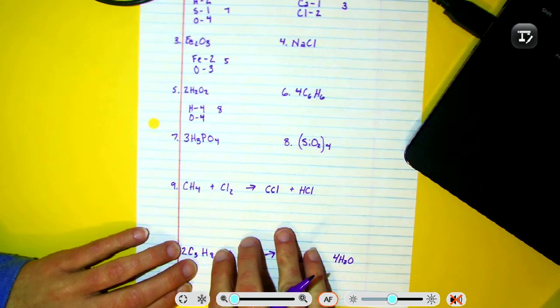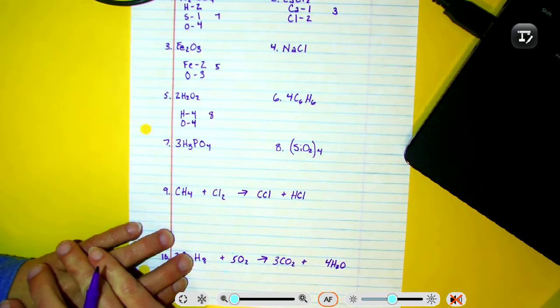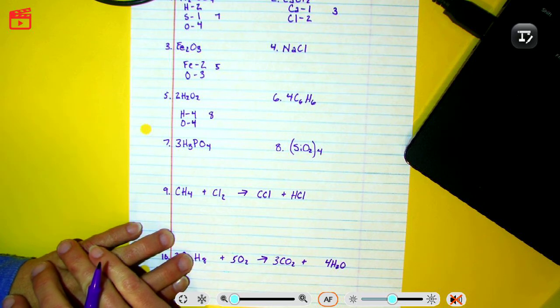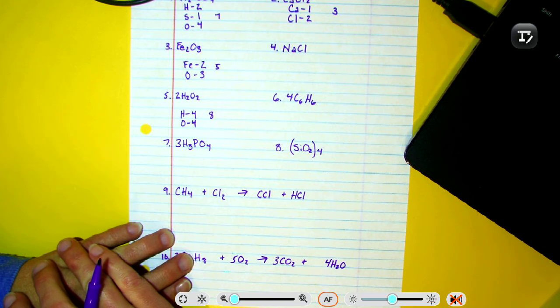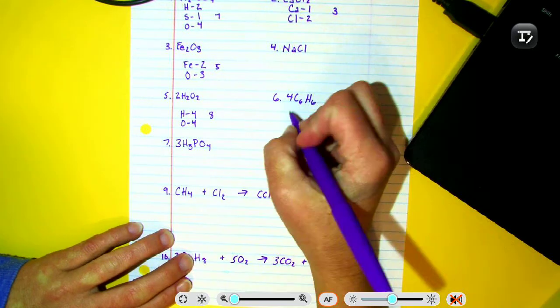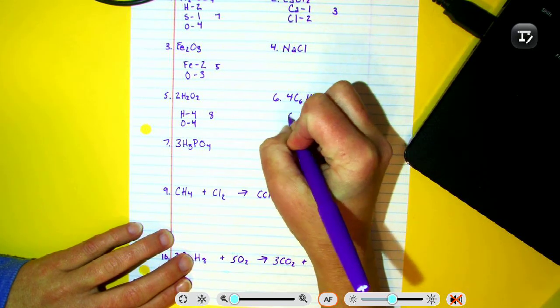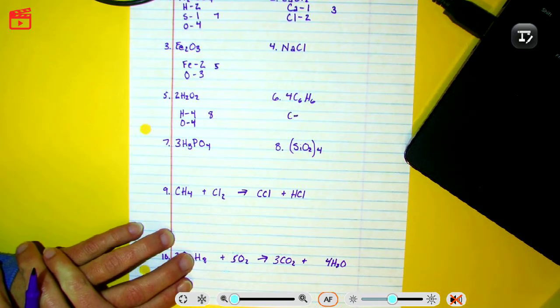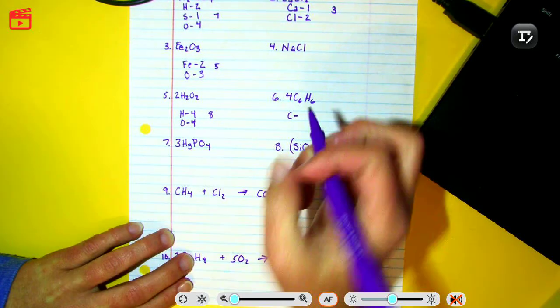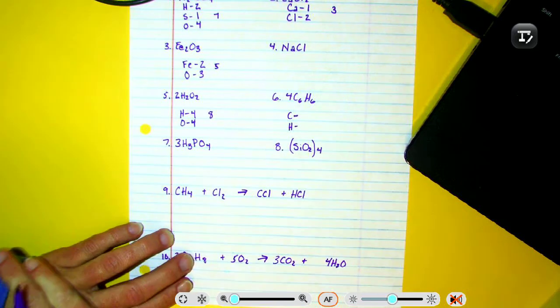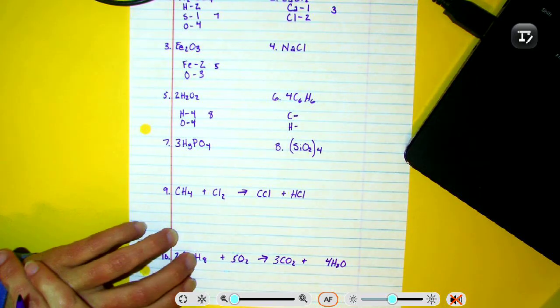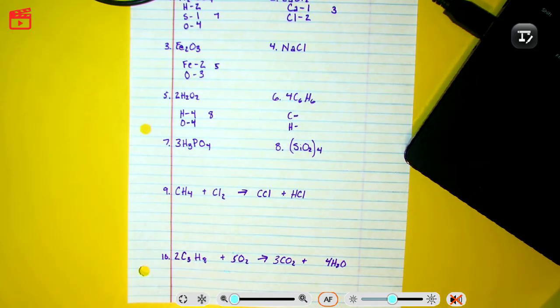All right, number 6, we'll do 6. So first thing we do, identify our elements. How do we identify elements? By looking for capital letters. So what are my capital letters here? I have C, which is carbon, and I have H, which is hydrogen. All right, next step, do I have a coefficient? Remember, coefficient is the big number in the front.